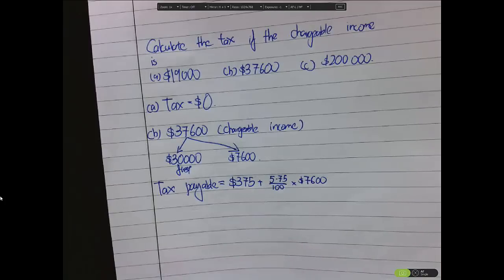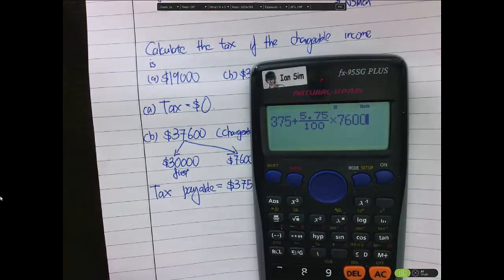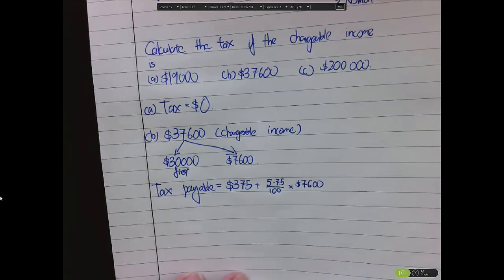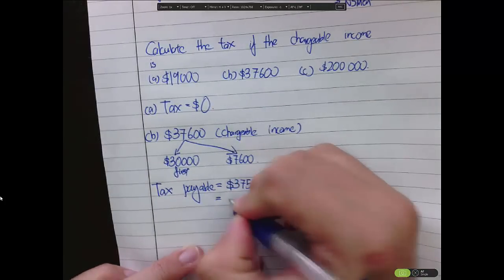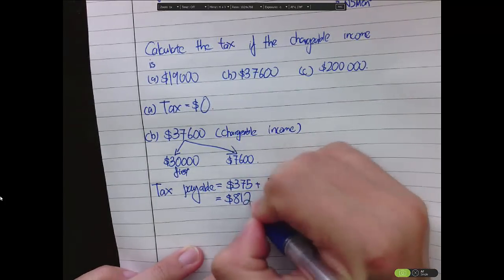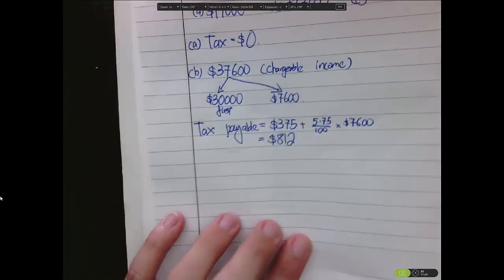Let me press the calculator: 375 plus 5.75 over 100 times 7600 is equal to $812. So the tax payable for $37,600 is $812.